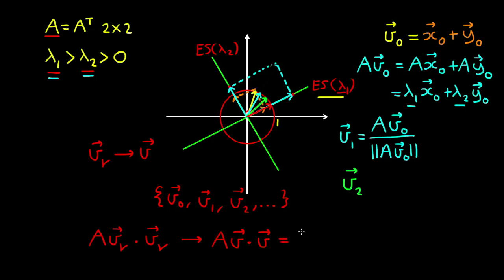So this is the same thing as lambda 1 times v dot v, or lambda 1 times the squared norm of v. And given this dominant eigenvector v has a unit length, then the squared norm is 1. And therefore the sequence described by this product converges to lambda 1.